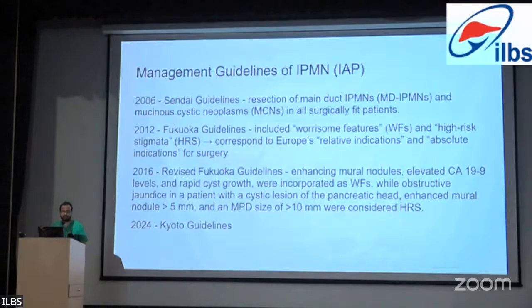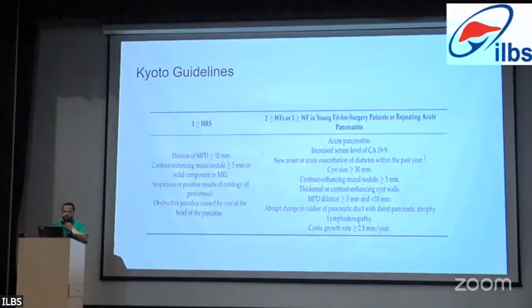In 2016, you had the revised Fukuoka guidelines, which incorporated additional features like obstructive jaundice, lesions of the head of the pancreas, mural nodules more than 5 mm, MPD size more than 10 mm into high-risk stigmata. In 2024, there were the Kyoto guidelines, which provided the framework for when to undergo surgery in patients with IPMN.